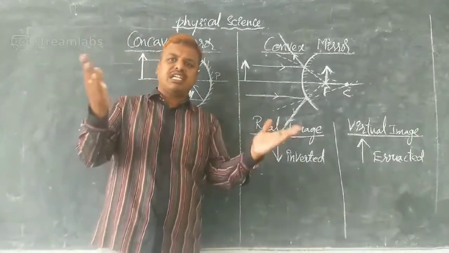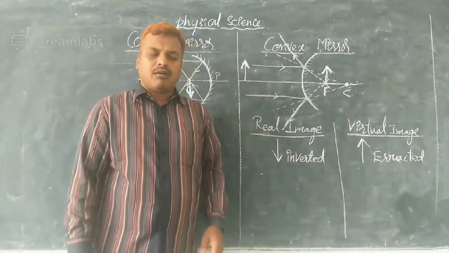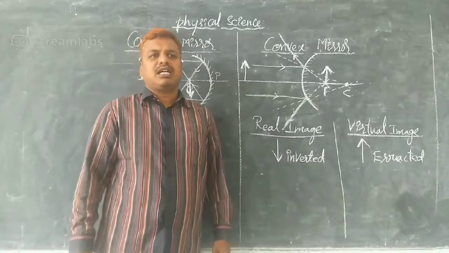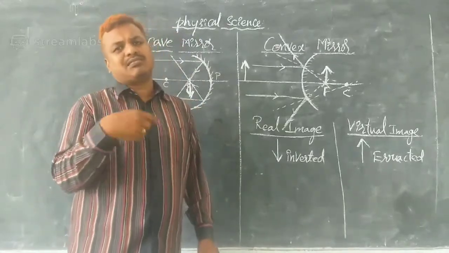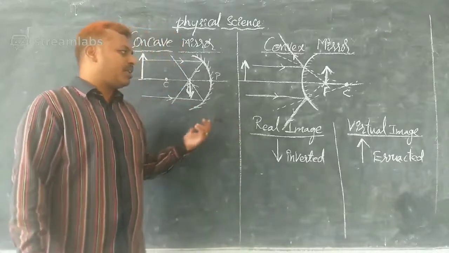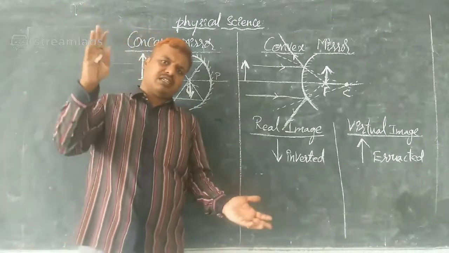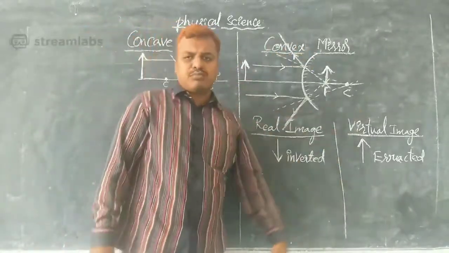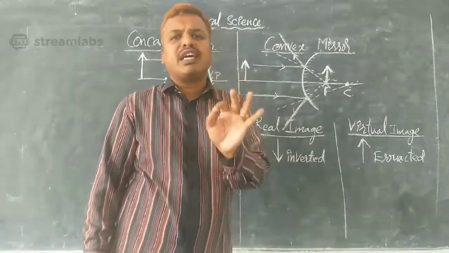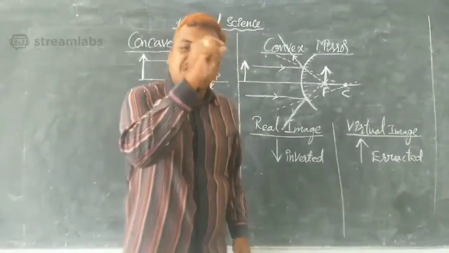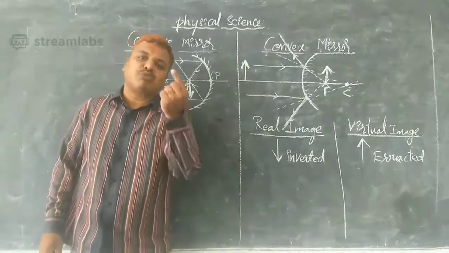Sometimes the image is bigger in size, sometimes smaller, sometimes the same in size. In concave mirror, images will be bigger, smaller and same. When it comes to convex mirror, images are always small in size. So it always forms a diminished image. Diminished image means small image.